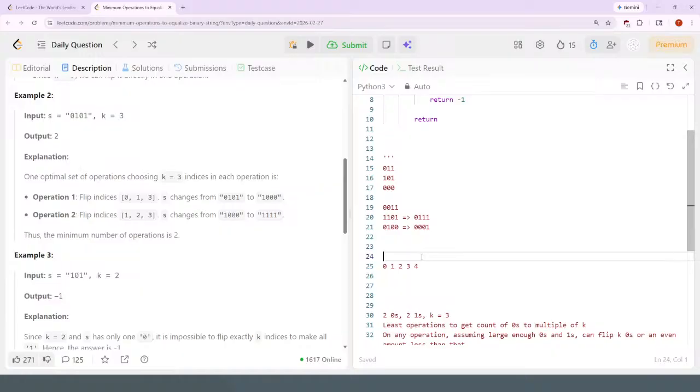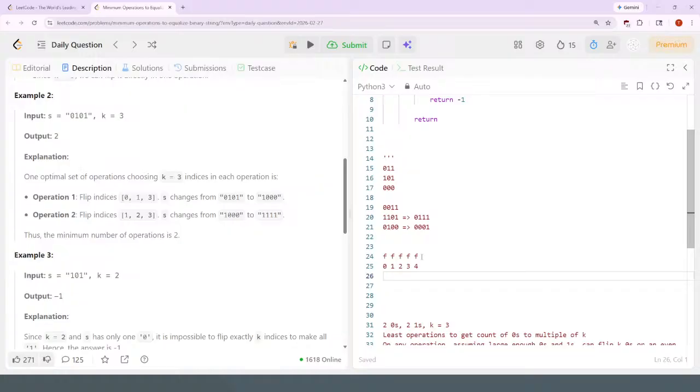So k is 3. I think maybe if you initialize your array to be like, let's say, infinity, infinity, infinity, infinity. So if you're at 0, and let's say you initialize 0 to be 0, which is to say that if you have 0 zeros, your answer is going to be 0.